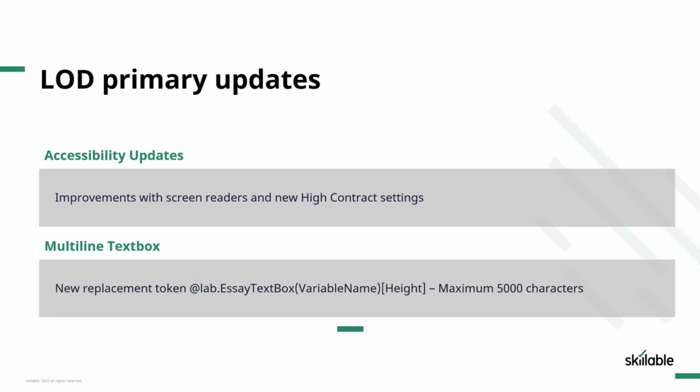The @lab tokens that people put in the instructions, there'll be a new @lab instruction which will be @lab.sa text box, and as always, it has a variable name. This will allow you to enter up to 5,000 characters. So that's what the user can actually enter into this box.